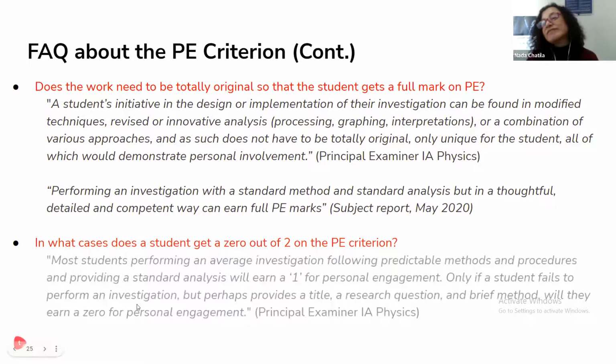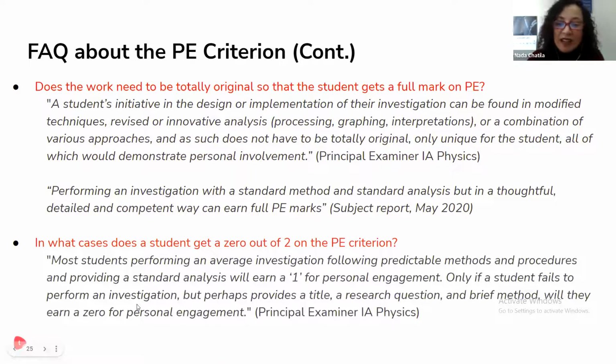So they really need to have, like, a title, a very incomplete research question, maybe a qualitative, not quantitative, dependent variable, a very brief method that is incomplete, insufficient data, lacking a conclusion, and then yes, they will earn the 0. So we don't give zeros that much. However, we notice that teachers give more zeros than we do.